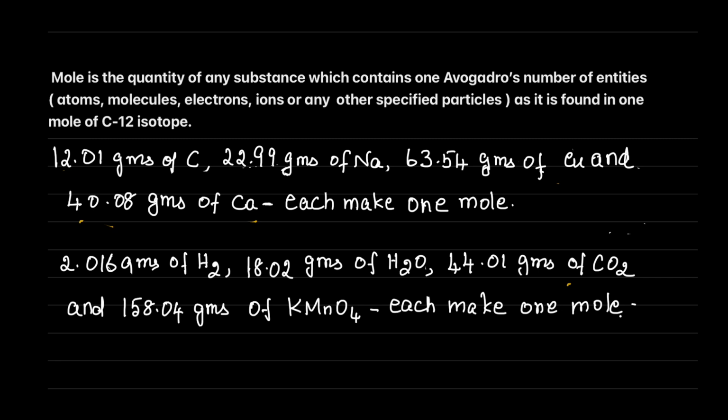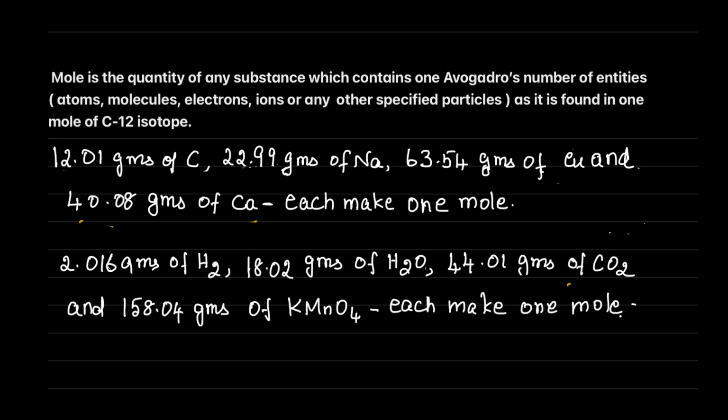Now answer this question: what is the value of Avogadro's number? The answer is the value of Avogadro's number is 6.022 into 10 raised to the power of 23. Have you got the correct answer? In other words, we can say that Avogadro's number is the number of entities present in 1 mole of any substance.